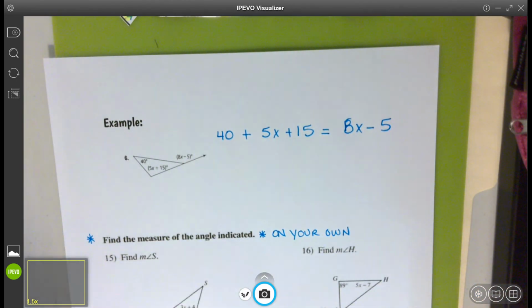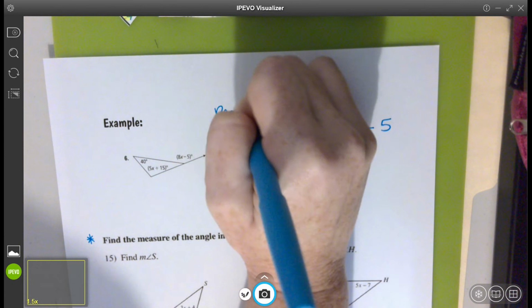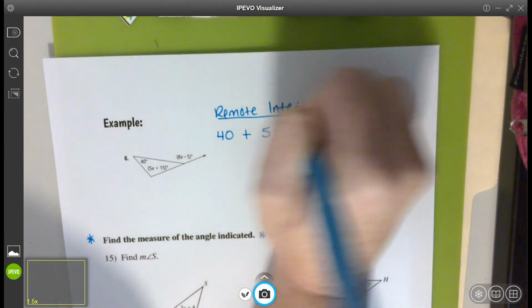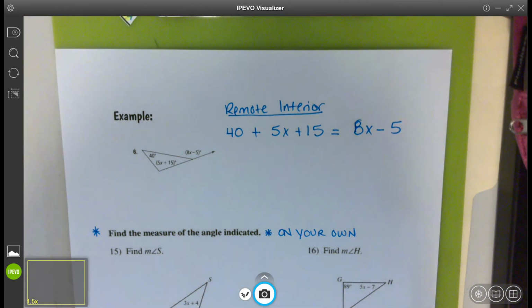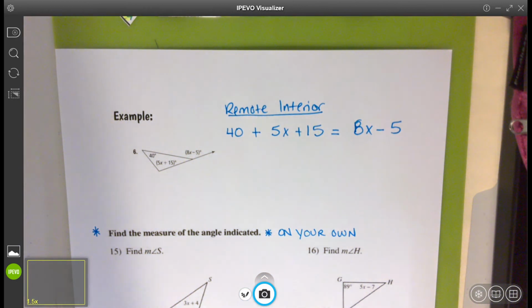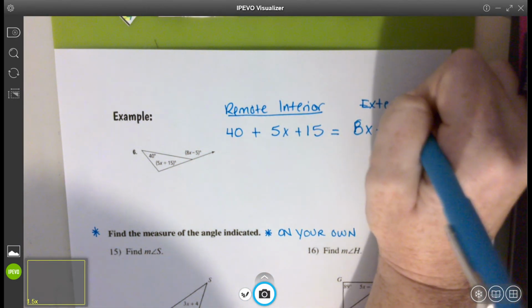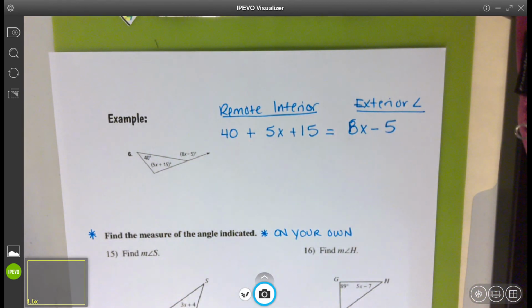So again, how did I create this equation? This is my remote interior. I think of remote interior as like my remote control. It's far away. So the angles that are furthest away from the exterior angle. And here's my exterior angle. And remember, we set them equal because it's the two remote interior angles equal to the exterior angle.